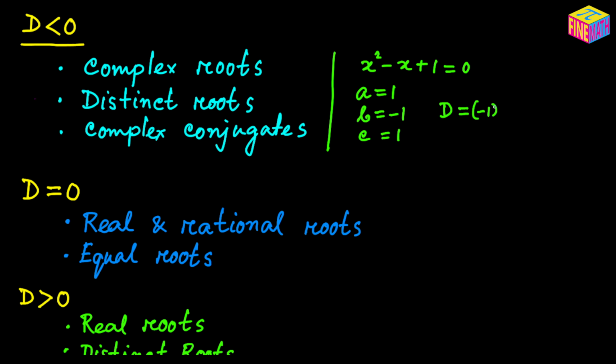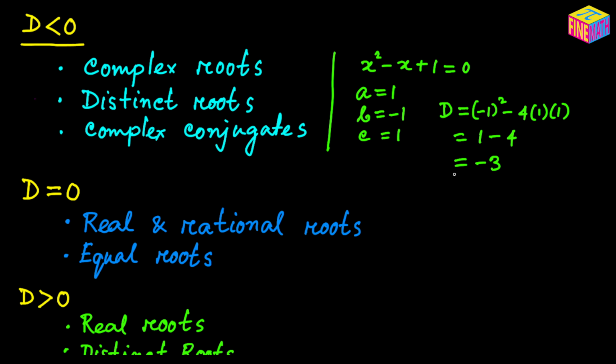That means negative 1 squared minus 4 times 1 times 1, which is equal to 1 minus 4, that is equal to negative 3. So for this particular quadratic equation, the discriminant is a negative value. That means the roots of the quadratic equation will be complex roots.